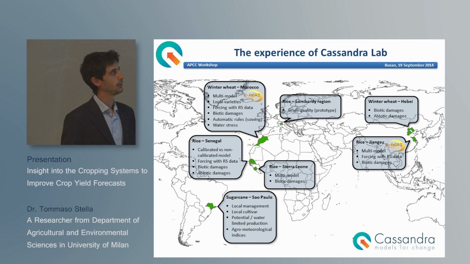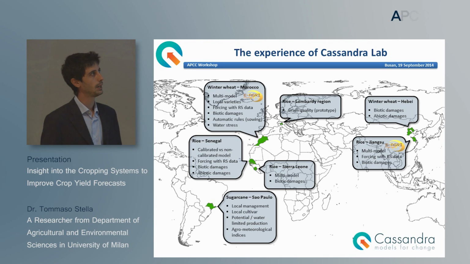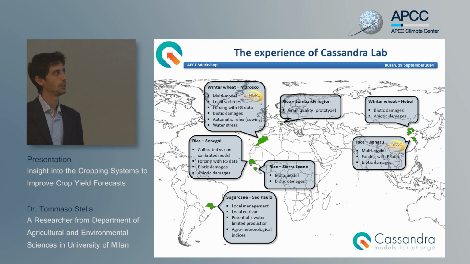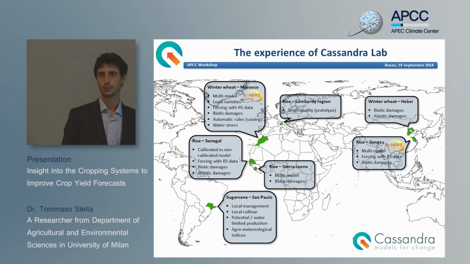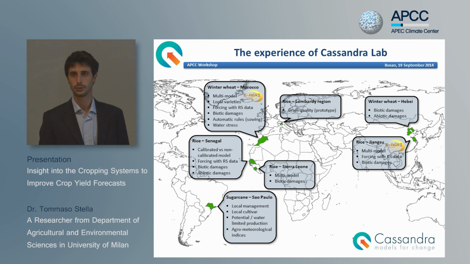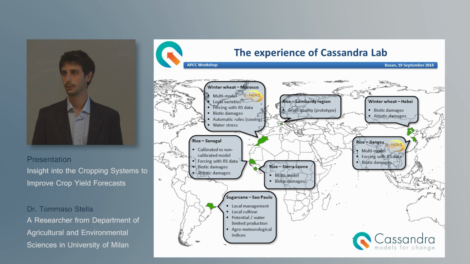And I think one interesting prototype is the one we are developing for a rice forecasting system in the Lombardy region of Italy, which is a small region, but for the first time we are trying to predict not only quantitative aspects of the production, but also some qualitative aspects.